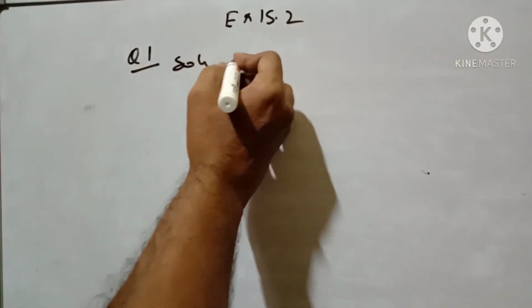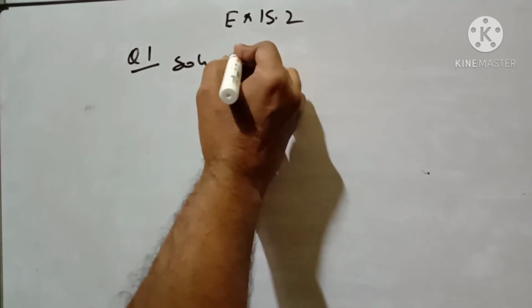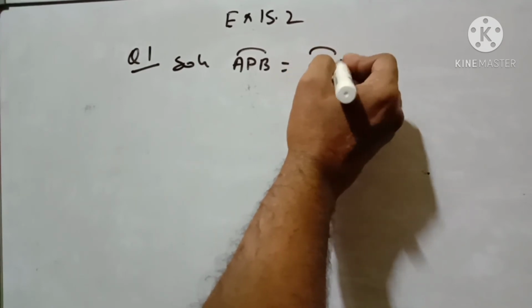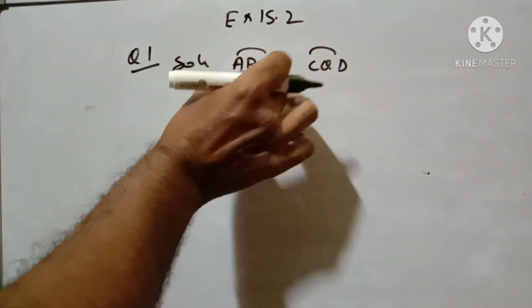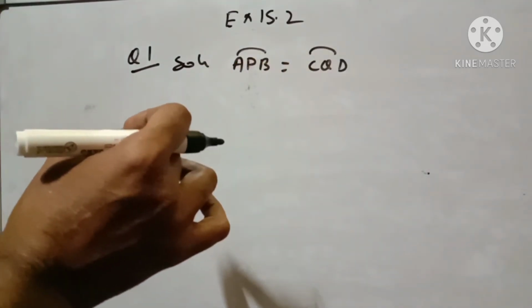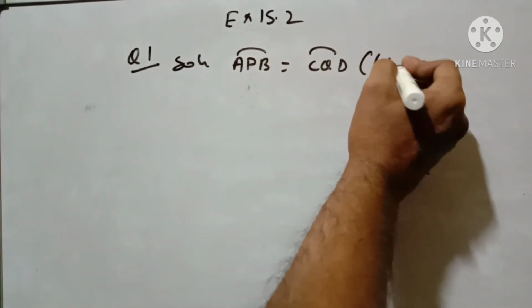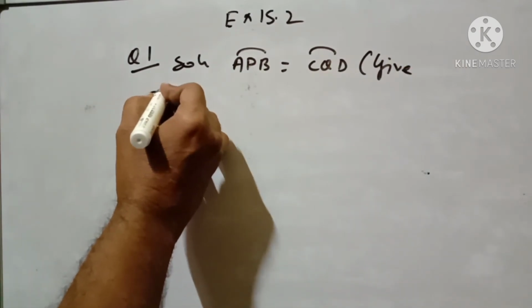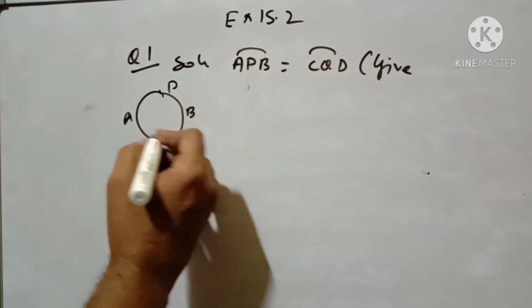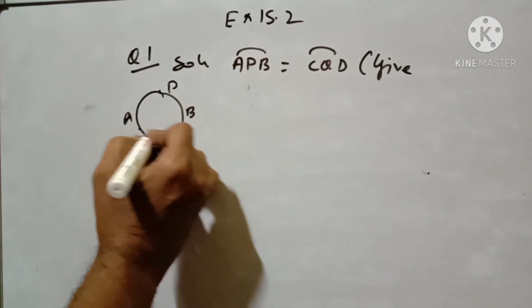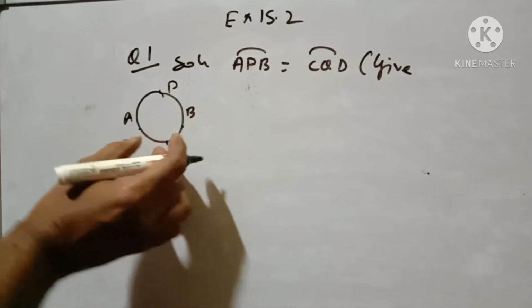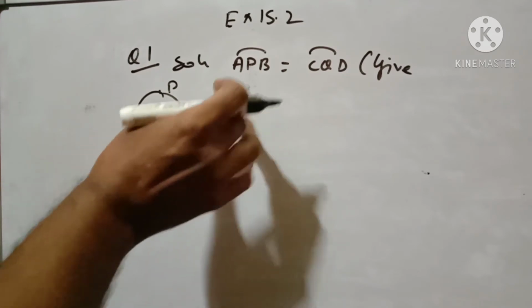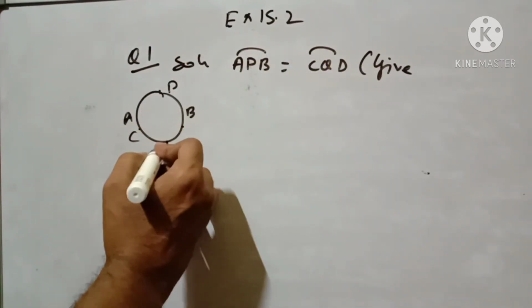Here it is given arc APB equal to arc CQD.